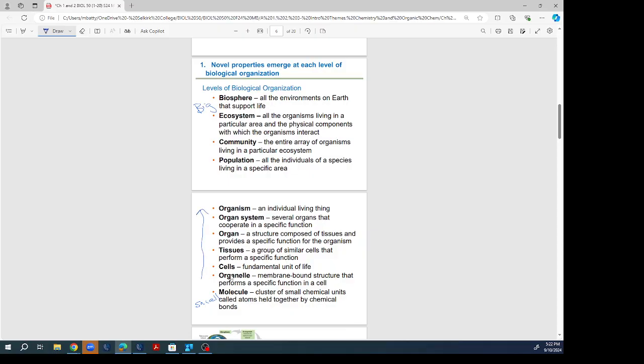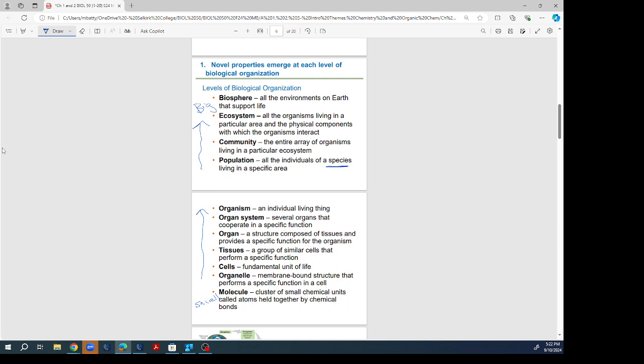And so again, I put it all on one screen so you could see that these slides work together. We could go from the biggest, the biosphere, down to an ecosystem, a community in an ecosystem, all the things that live in an ecosystem, a population, and that's specific to the species. We're getting more and more specific, we're getting a smaller thing, and we're also having more similarities as we move down.